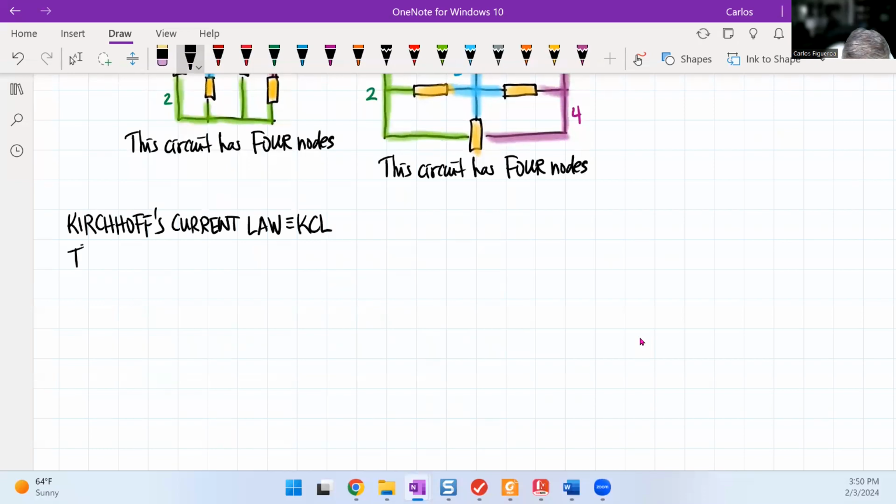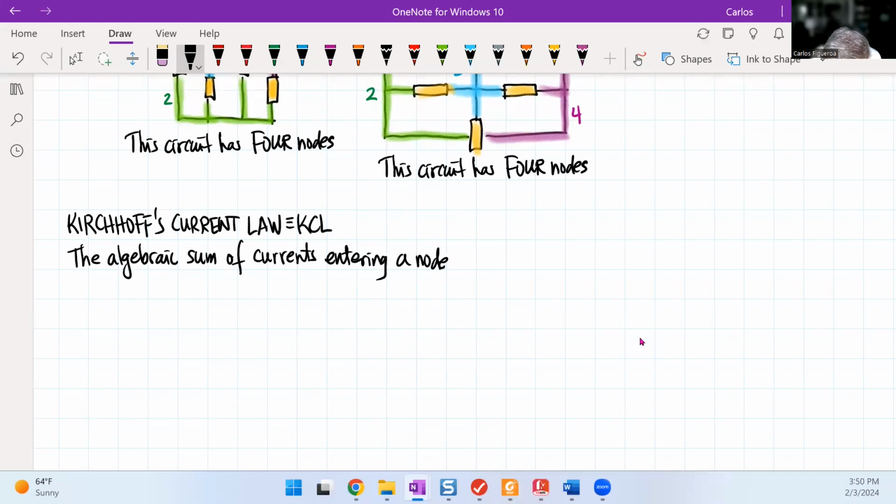It says that the algebraic sum of currents entering a node, let me be careful, entering any node is always 0.